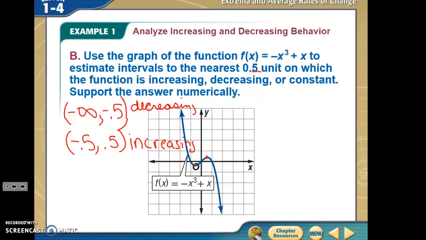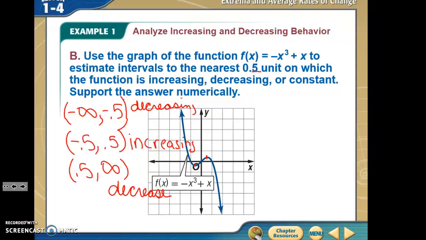Alright, so at that point, we're at another vertex. And so from here, we're going to decrease. This one's positive. So as we're moving to the right, but the limit, as our x value increases, as x approaches positive infinity, what's happening to our function?